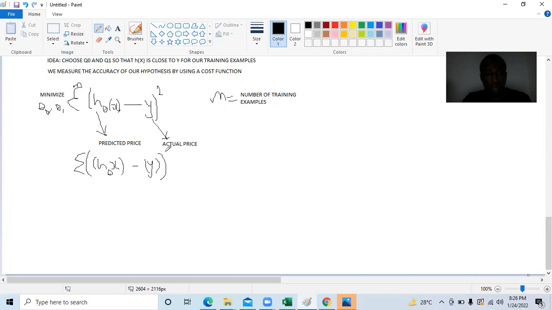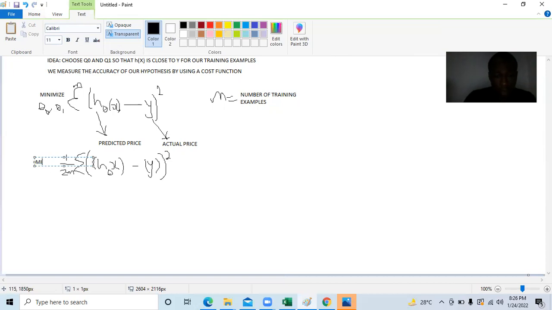Then all squared. On top of this, instead of having an m, I'm going to have 1 over 2m. This is the regularization property, but there's no need to go into why we did 1 over 2m now.